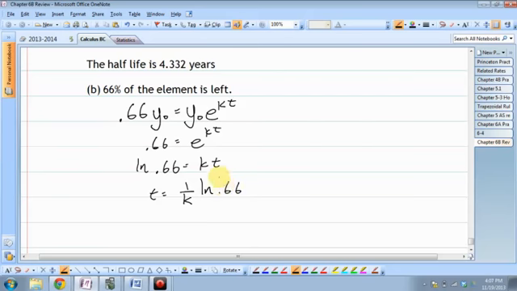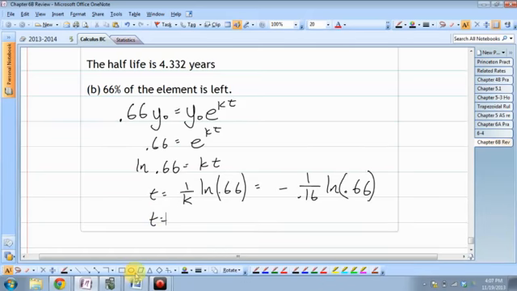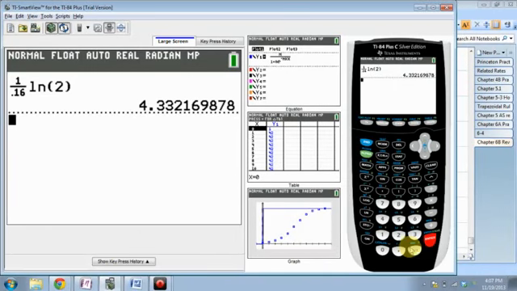It's negative 0.16. So t is equal to negative 1 over 0.16 natural log of 0.66.